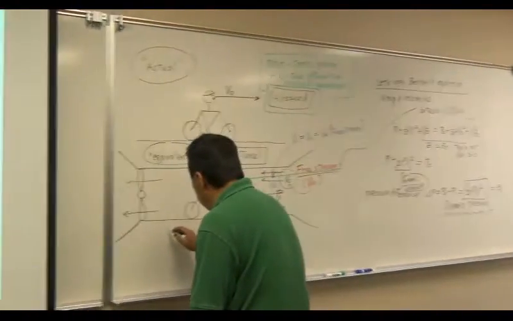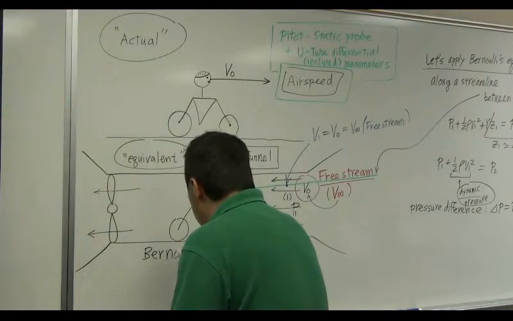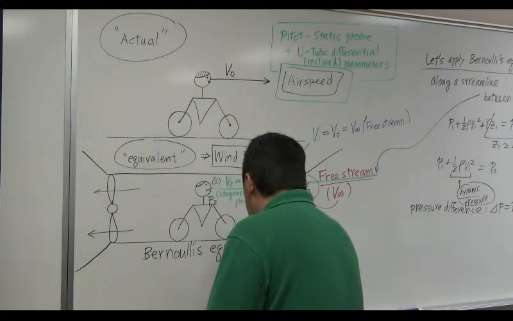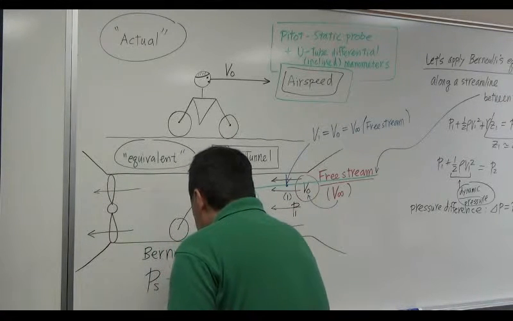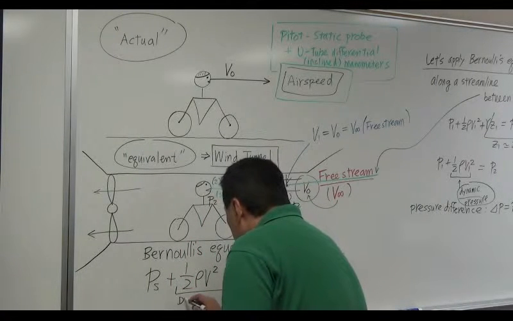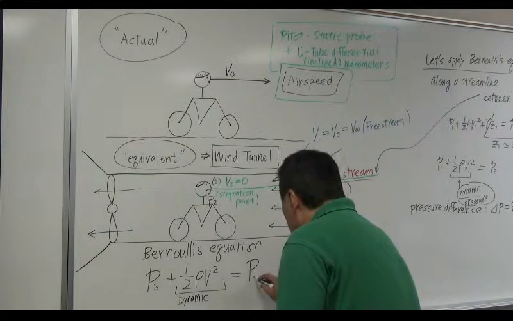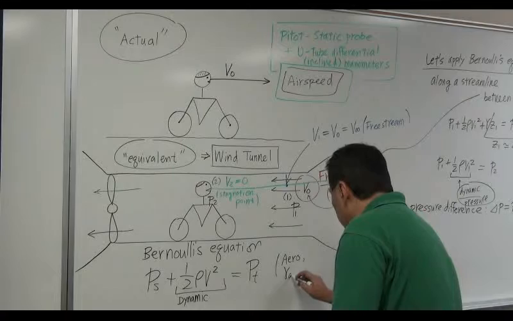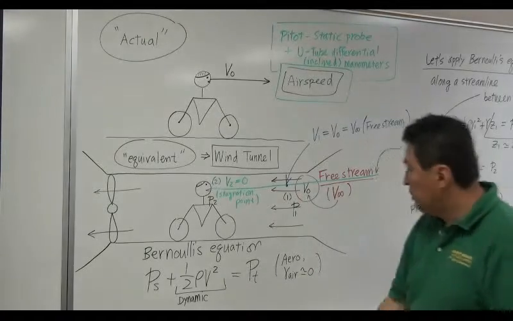So once again, let's take a closer look at Bernoulli's equation. Bernoulli's equation really tells you static pressure plus dynamic pressure is equal to total pressure. Gamma of air is approximately 0, so obviously the gamma times z term is completely dropped off.